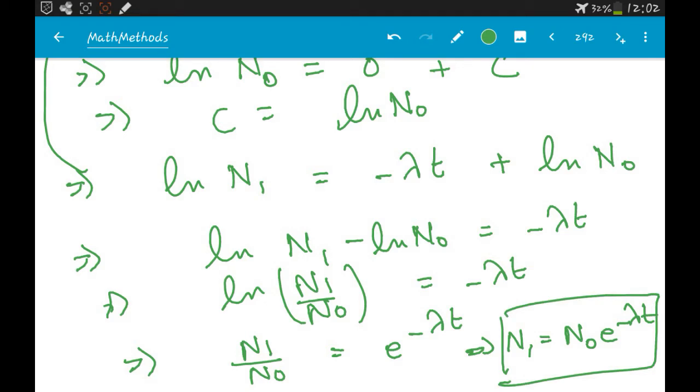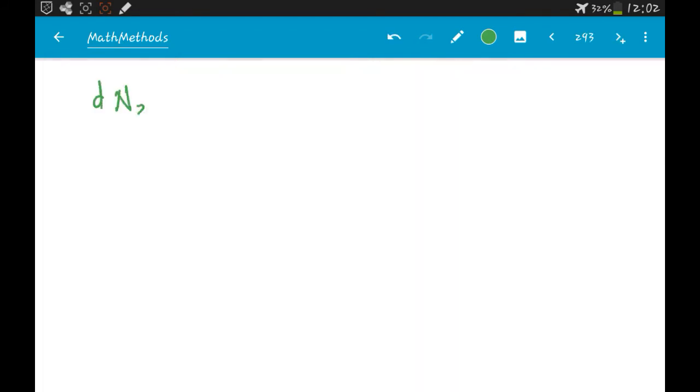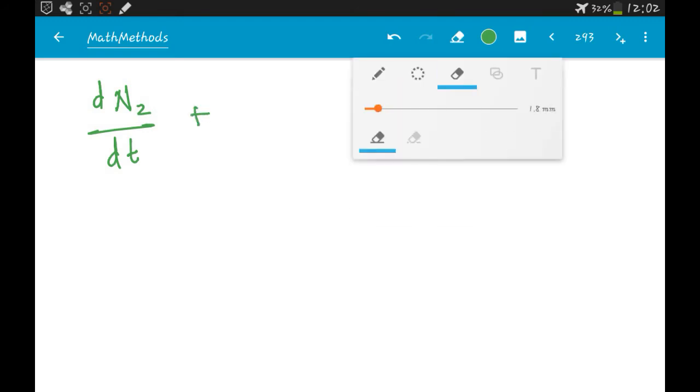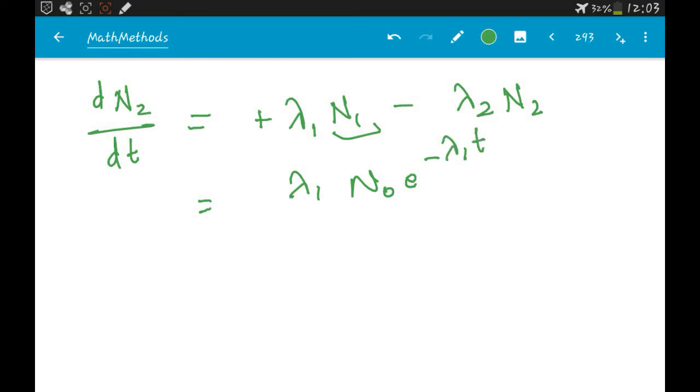Now we can find what is your N2. The second equation was dN2 by dt equals plus lambda 1 N1 minus lambda 2 N2, which is nothing but lambda 1, N naught e power minus lambda 1 t, minus lambda 2 N2.